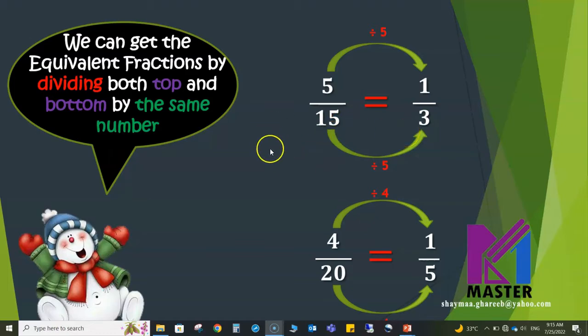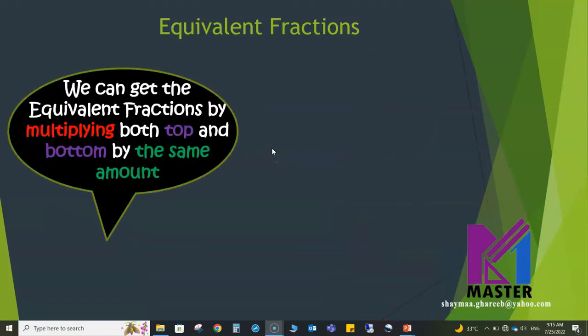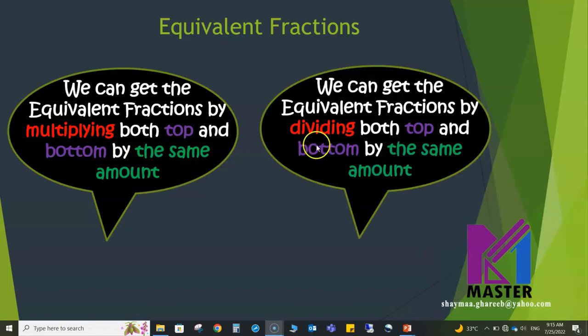So we can get equivalent fractions using two ways. We can multiply both top and bottom by the same number, or we can divide both top and bottom by the same number. Okay, so now do you know how we can get equivalent fractions? By two ways, by multiplying or by dividing.